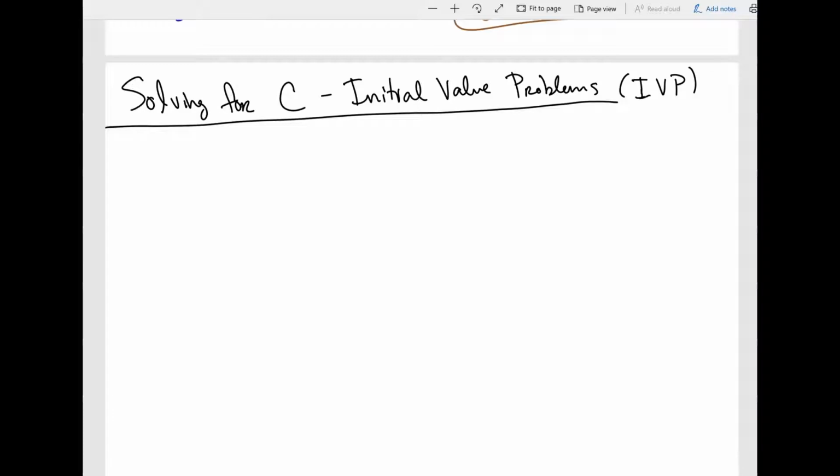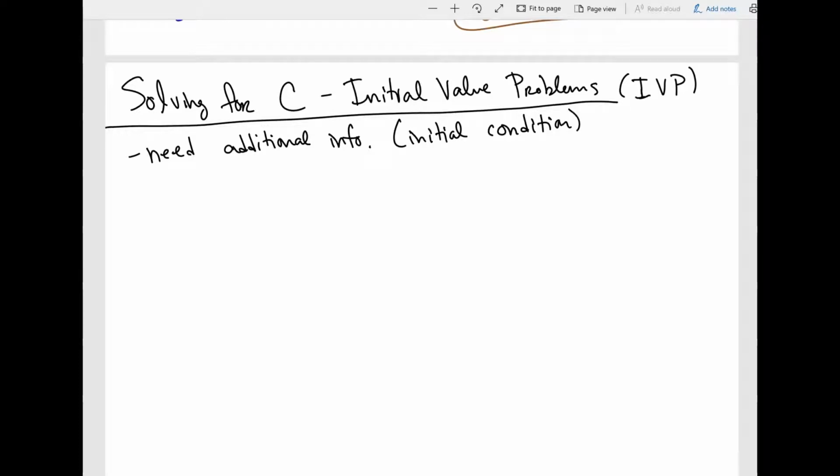So usually what you want to be able to do is solve for c. So basically what we need is additional information, some additional info to find out what this differential equation is really modeling. And usually what we have is something called an initial condition.